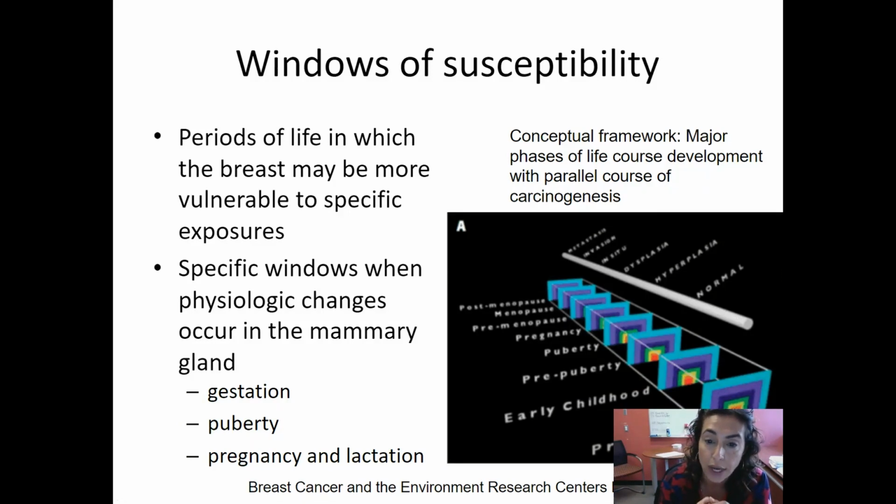And then the white line above goes through the course of cancer, how we go from normal to hyperplasia, dysplasia, eventually invasive cancer. And so you can see it's challenging to study early childhood factors as they may relate to invasive cancer. But one thing that we've tried to do is narrow that distance by looking at intermediate markers of risk, such as hyperplasia, or even understanding molecular expression in the normal breast to try and really understand how some of these factors may influence the etiology of breast cancer.